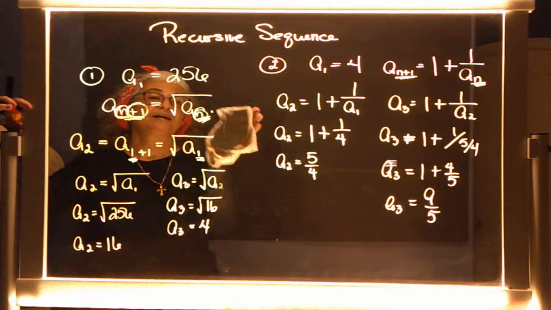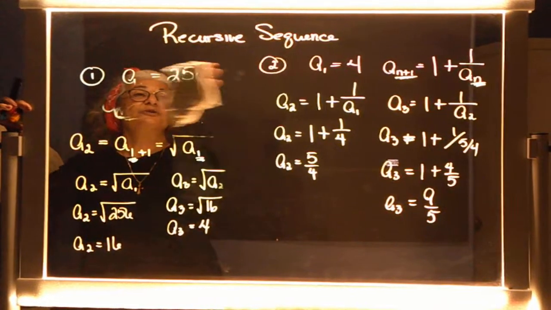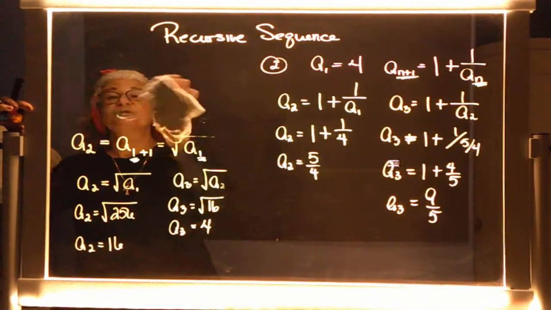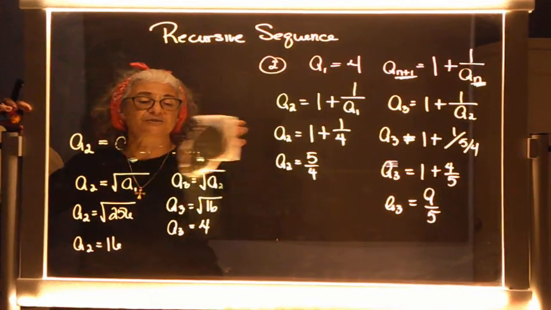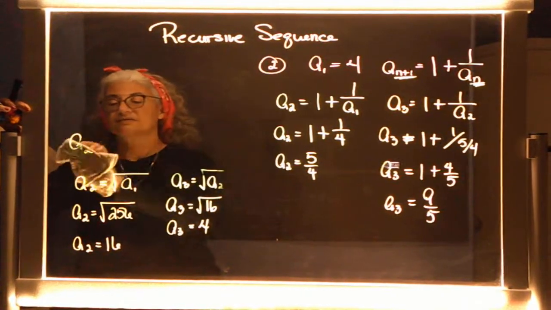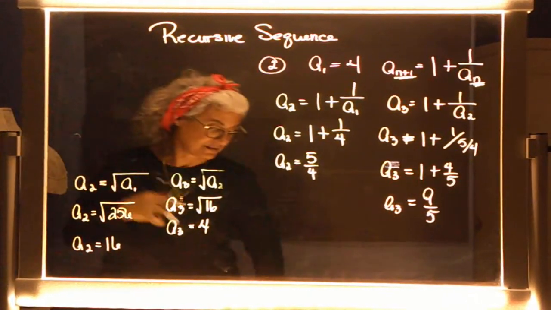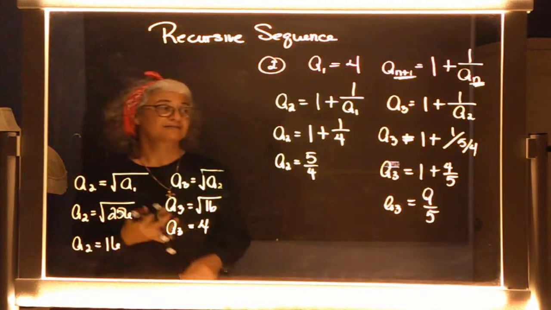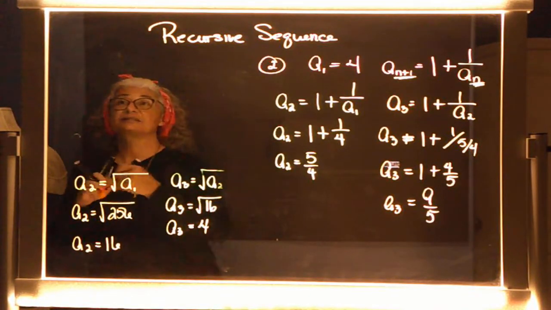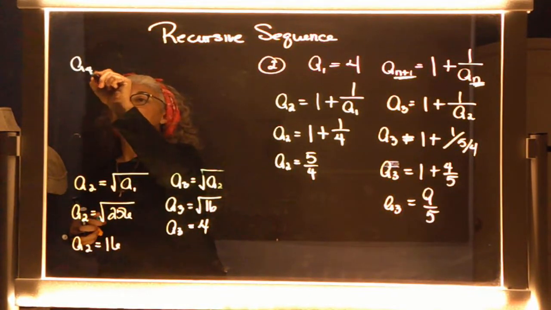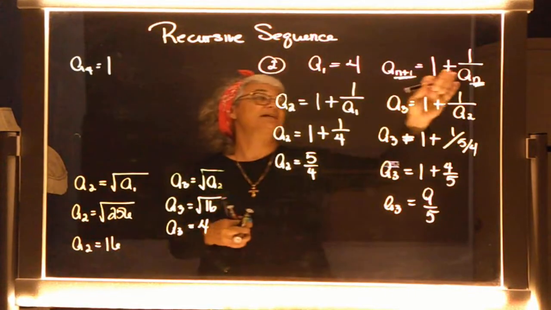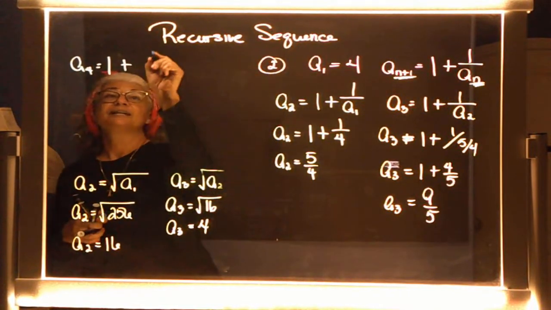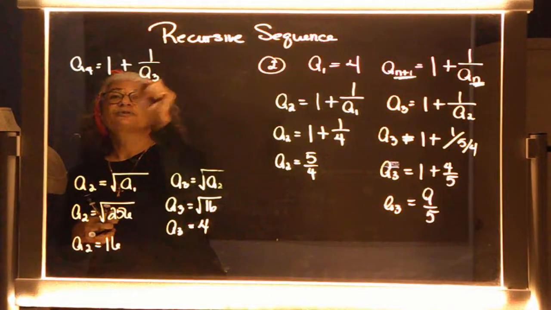Okay. I need a little bit of board space, so bear with me because we have 2 more terms still to find in this recursive sequence. So, a sub 4 is next on my list. To find the 4th term, the formula says 1 plus 1 over a sub 3.